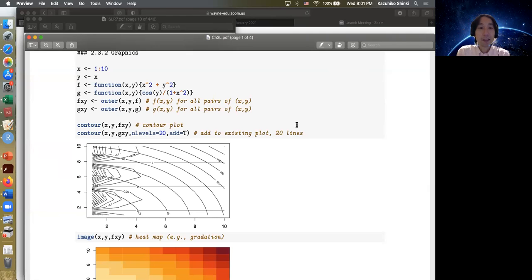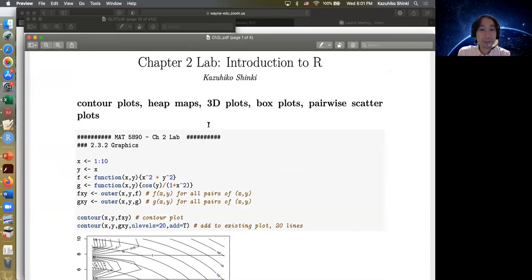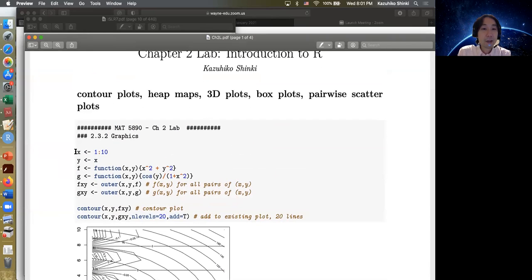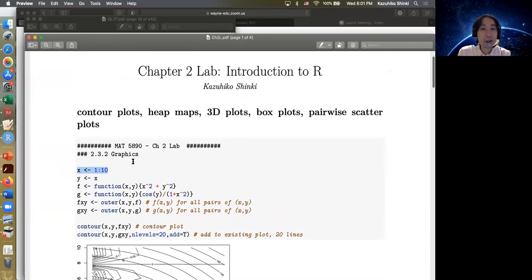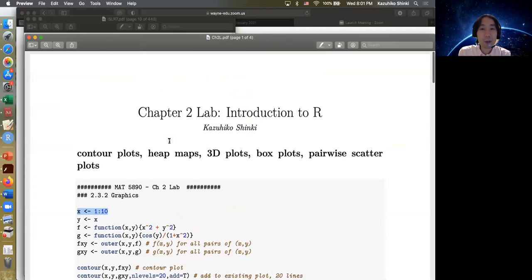Okay, so now the very basics of data visualization in R. This is RStudio. Actually, this is the output from RStudio, to be exact, an R Markdown file compiled into a PDF file.